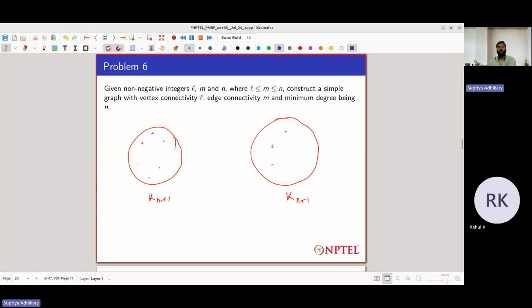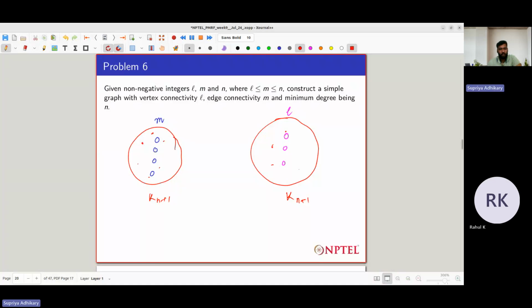To do that, we will take m many vertices over here and l many vertices over here. L is less than or equal to M.